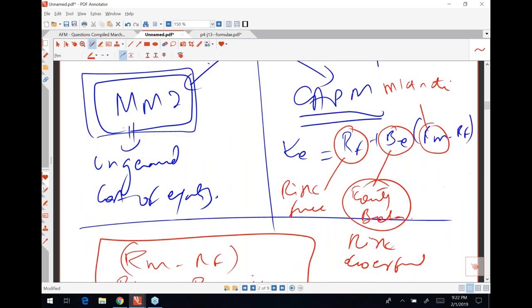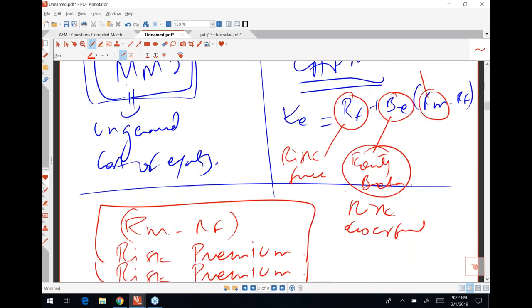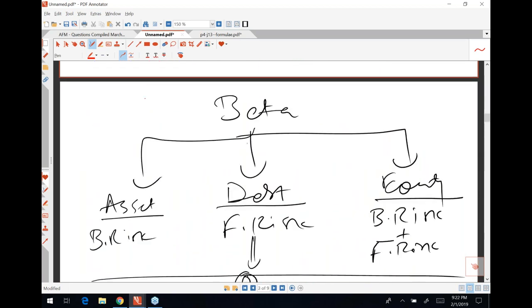I discussed that there are three types of beta: asset beta, debt beta, and the equity beta.